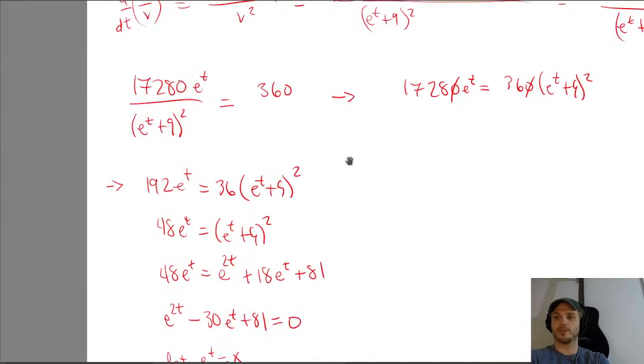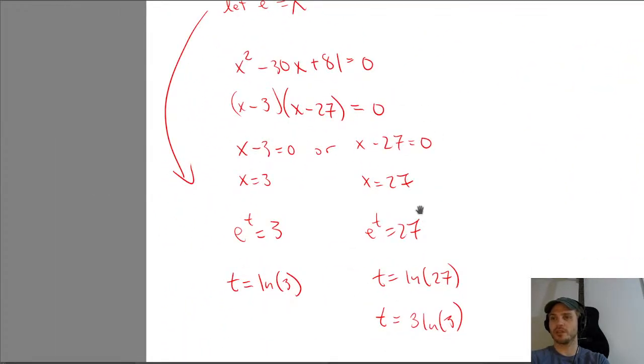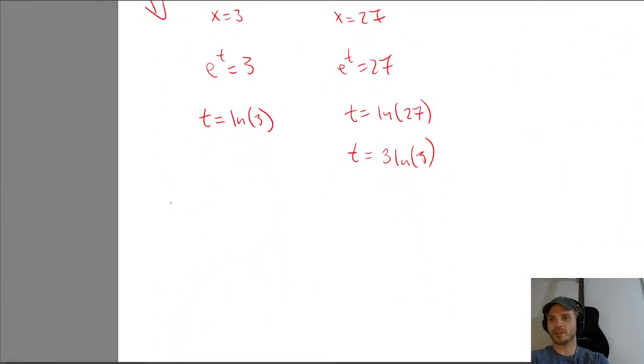Sweet. Which is 1920 e to the t over 9 plus e to the t. So, sorry, this is kind of chaotic. So f of t equals 1920 e to the t over 9 plus e to the t.